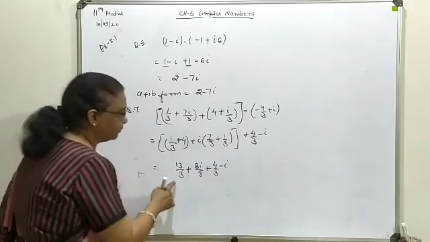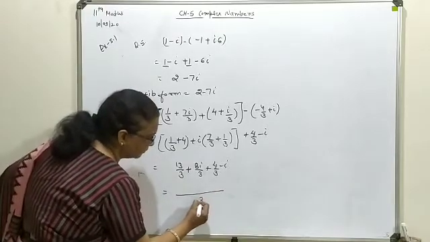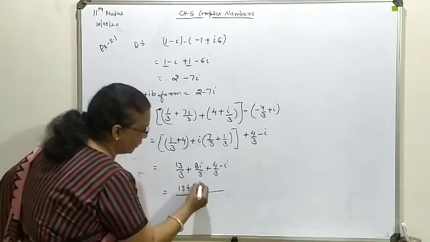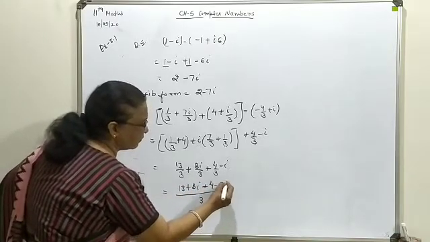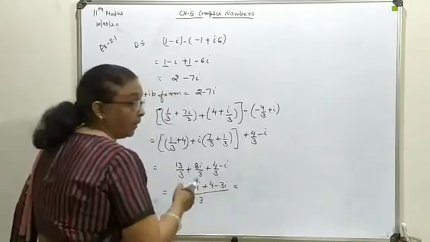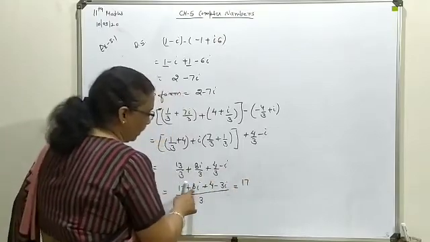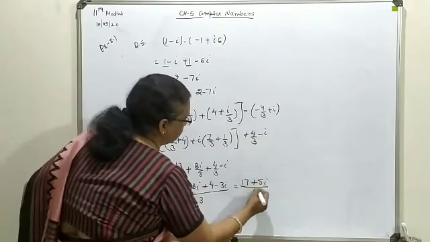So finally we will take 3 as LCM. This is 13 plus 8 iota plus 4 minus 3 iota. So real part add with the real part means it is 17, 13 plus 4, and 8 minus 3 means plus 5 iota upon 3.